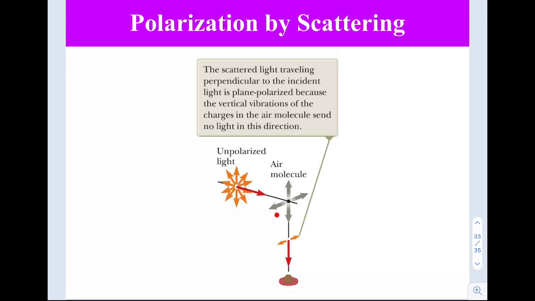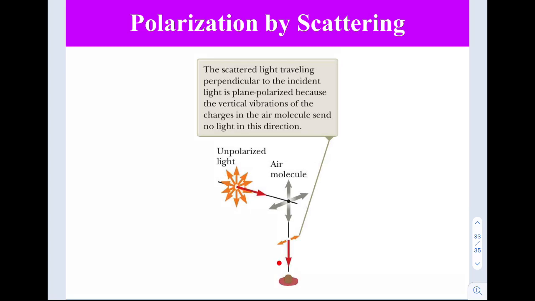This vibrating charge acts like the vibrating charge in an antenna. The horizontal component of the electric field vector in the incident wave results in a horizontal component of the vibration of the charge, and the vertical component of the vector results in a vertical component of vibration.